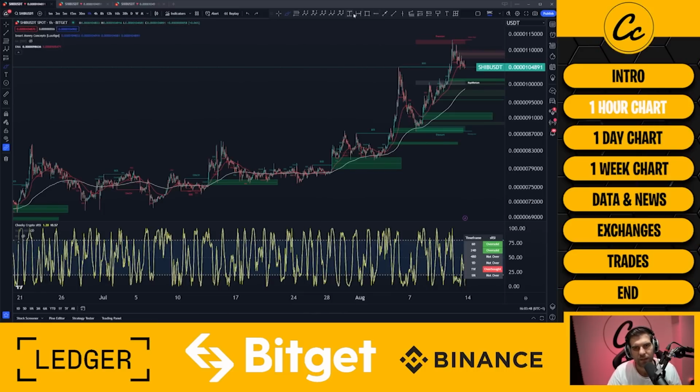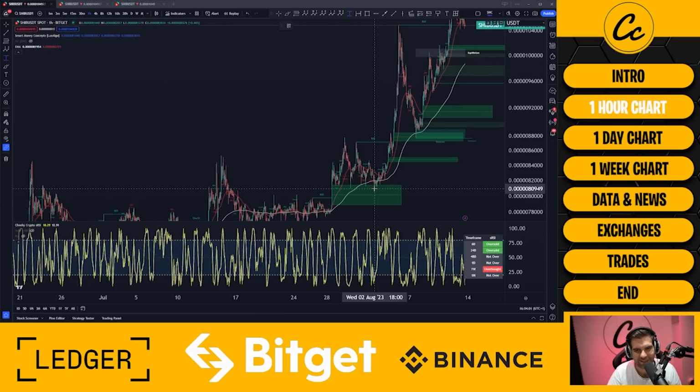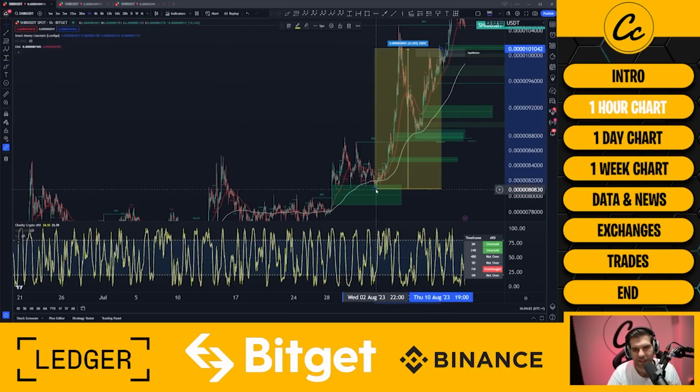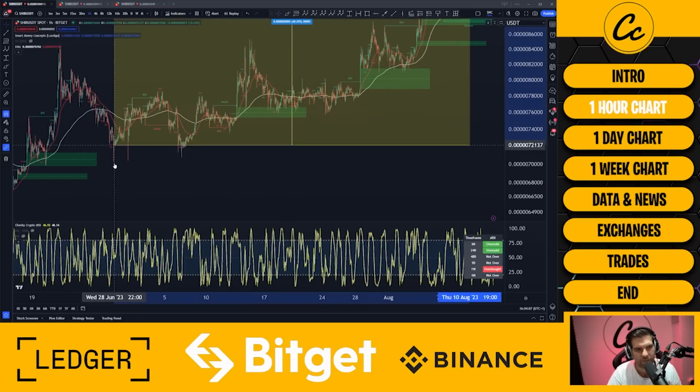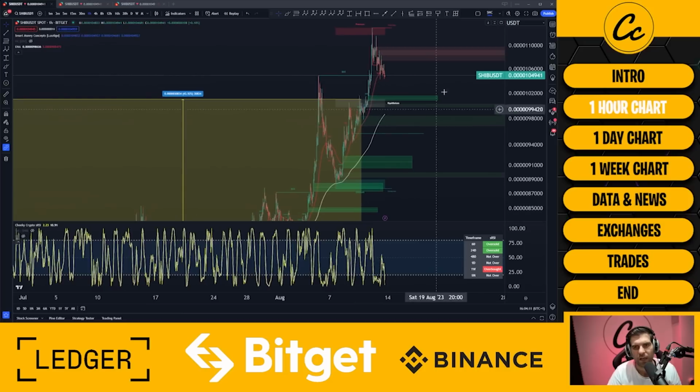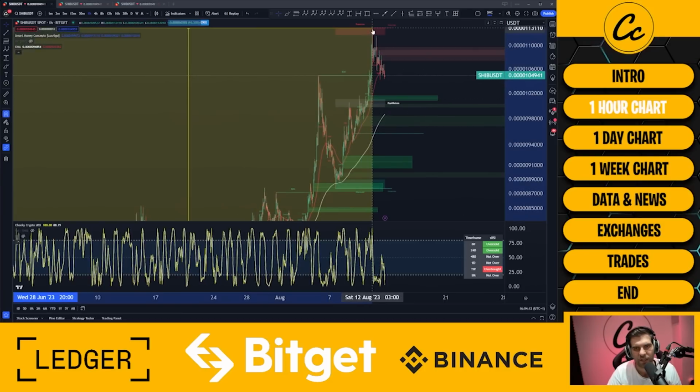Now, if we take a look at this, we can acknowledge that from down in this low range, if I take it from this swing low down here, we try to snap this on if I can, which I seem to be failing at quite aggressively here. Let's see if I can actually get this snapped on the place. From this local low down here on 28th of June, we've seen a very significant surge to the upside.